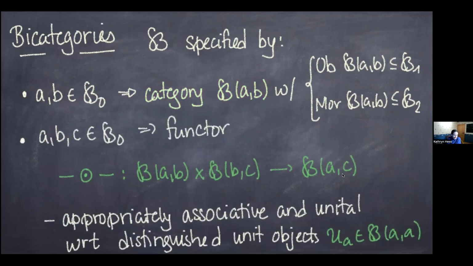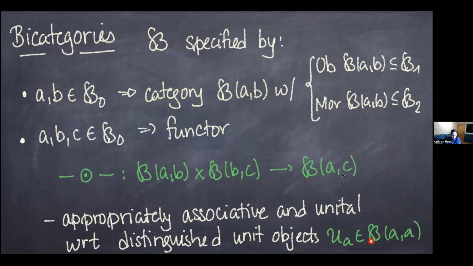And I have, for any triple of zero cells, what's called a horizontal composition functor that'll take the category of morphisms from A to B and the category of morphisms from B to C, and produce a morphism from A to C. And this composition should be appropriately associative up to isomorphism two cells and unital with respect to distinguished unit objects.